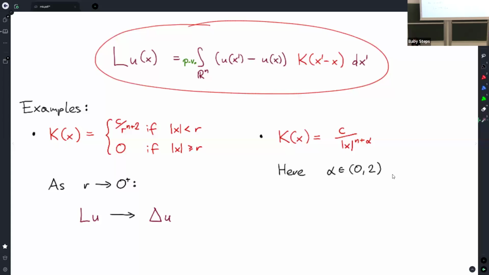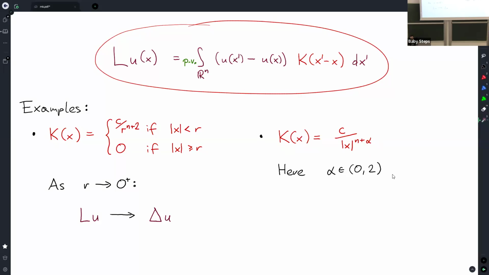All right. Well, that's not the most important operator in applications. The important one in applications is where the interactions behave in a certain regular way, depending on the distance. So the most typical assumption is that the interaction speed decreases as a power of the distance. Okay, and the exponent here is written as n plus alpha, and alpha is necessarily between 0 and 2 because of our assumptions.